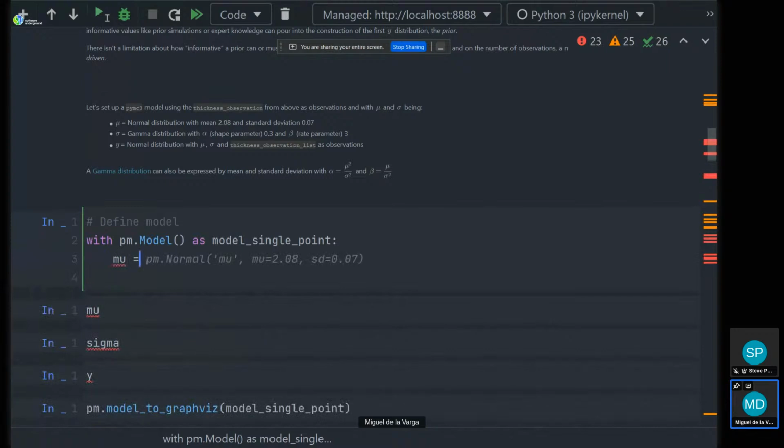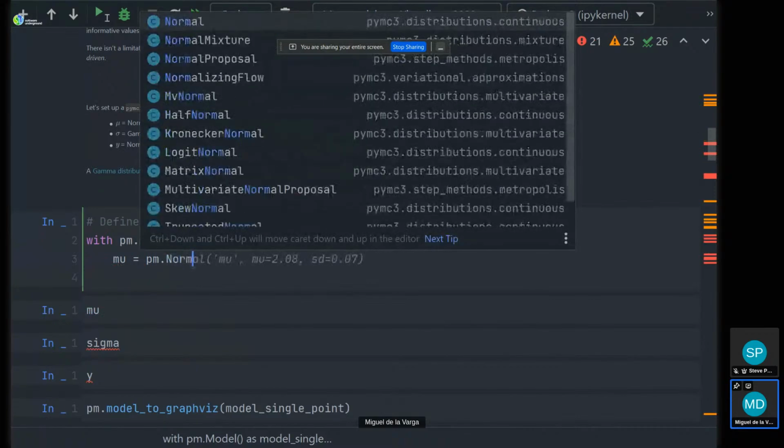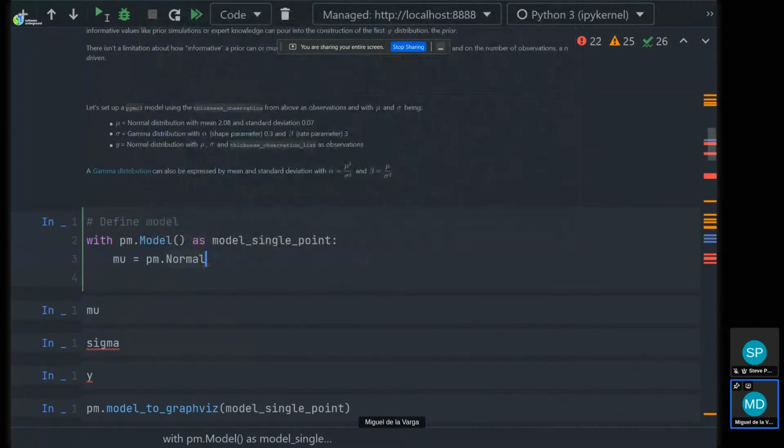So the first step is just defining what the mean value is. Yeah, actually these values are right. Wait, I'm going to give it a bit of an enriched text for later.